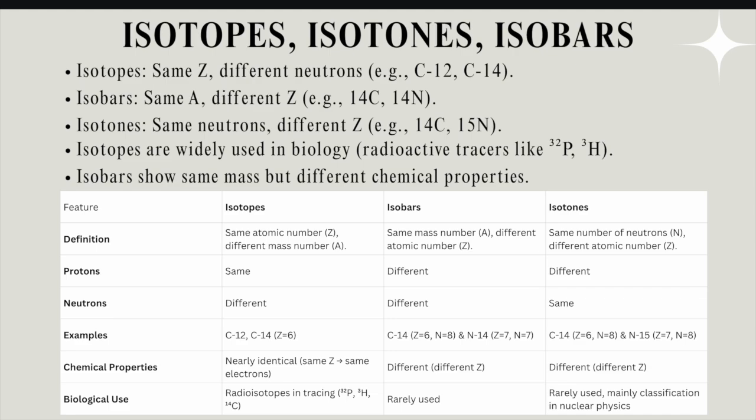Isotopes are widely used in biology. For example, radioactive tracers. Tracer elements are those which help you to calculate the age of a particular specimen, a particular fossil. So that particular fossil at one point of time must have been living.